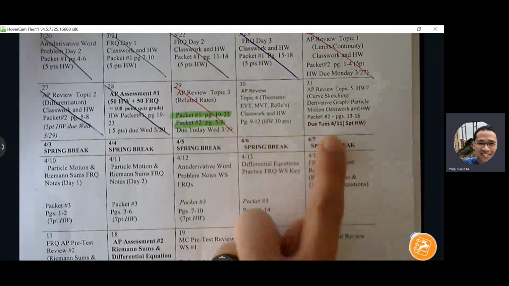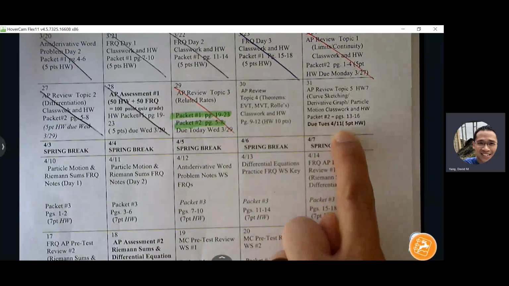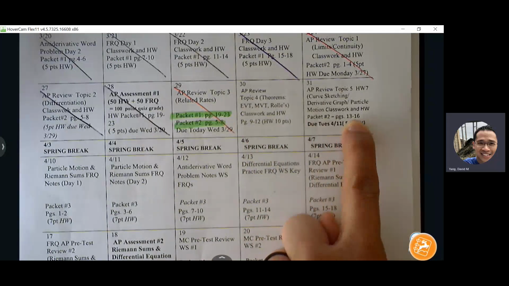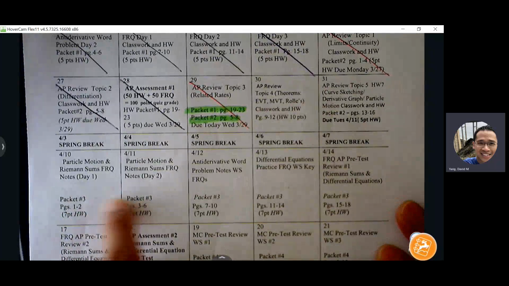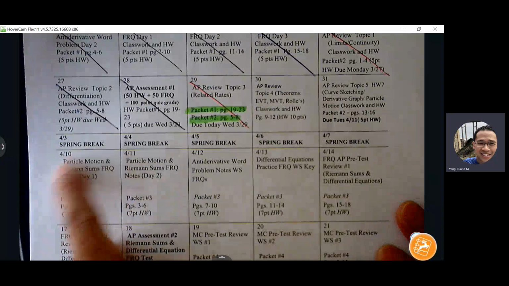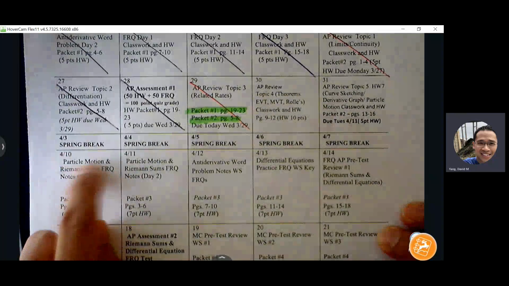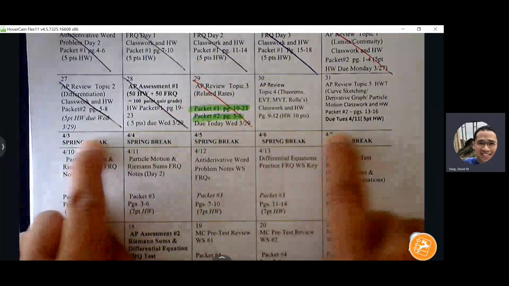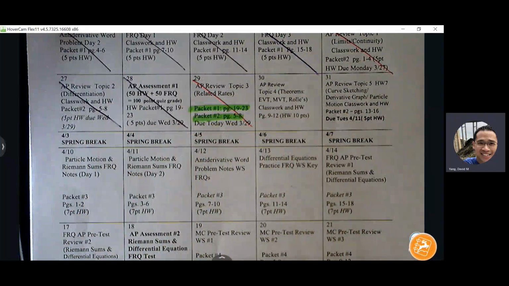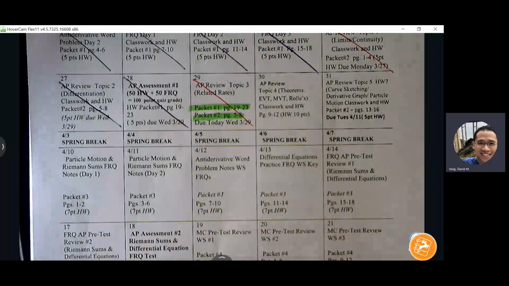I checked 9 through 12, and then after break, no homework due on Monday, but on Tuesday, I'll check pages 13 through 16 as well as pages 1 and 2 from when we get back after the break. I do want to encourage you that if you have time, you can chip away at that assessment 4, that FRQ packet, but no homework over break. Just wanted to give you a heads up as to what's coming up.